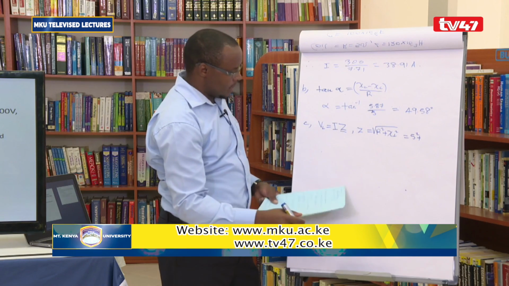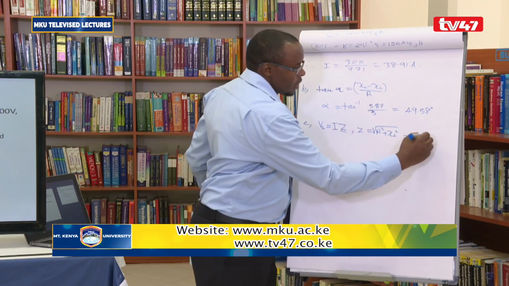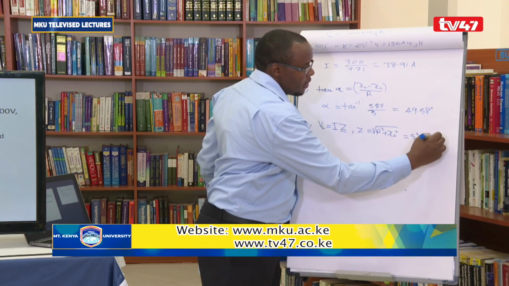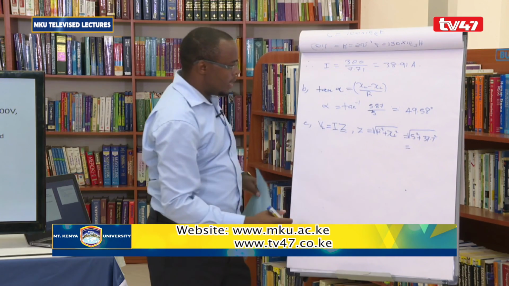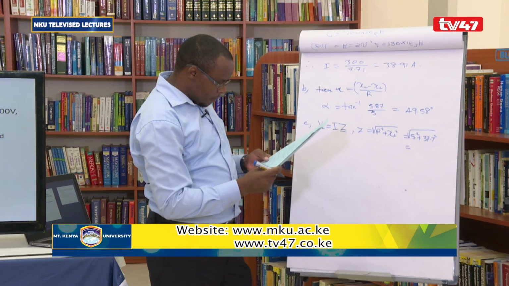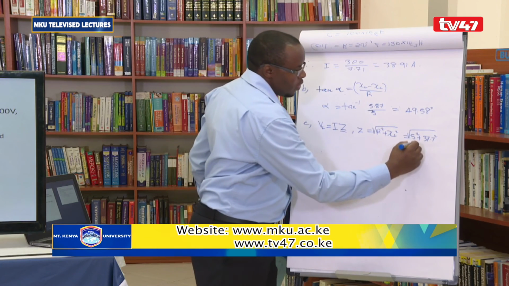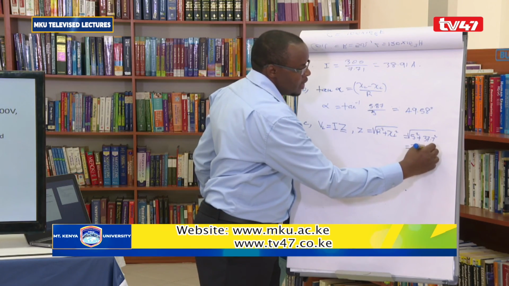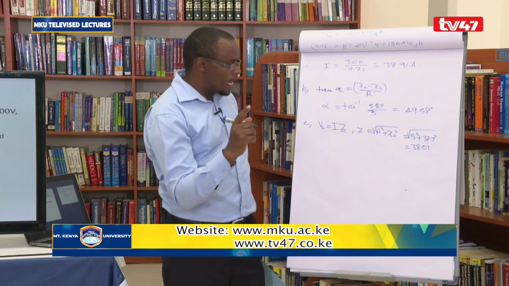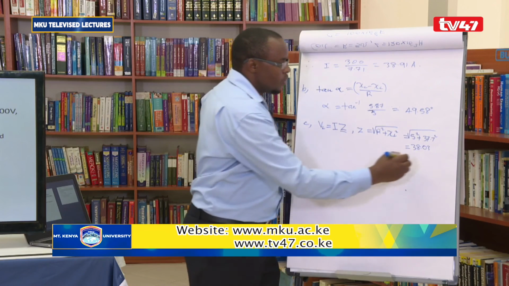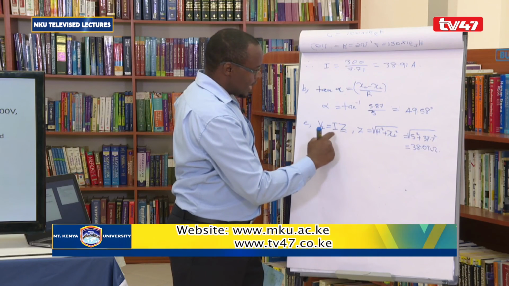We saw the value of XL was 7.7 ohms, squared, and then square root, and the answer you are going to get is 38.03. So this is the total impedance of the coil. Total impedance of the coil is 38.03 ohms, and therefore to get the voltage, we now get the current.